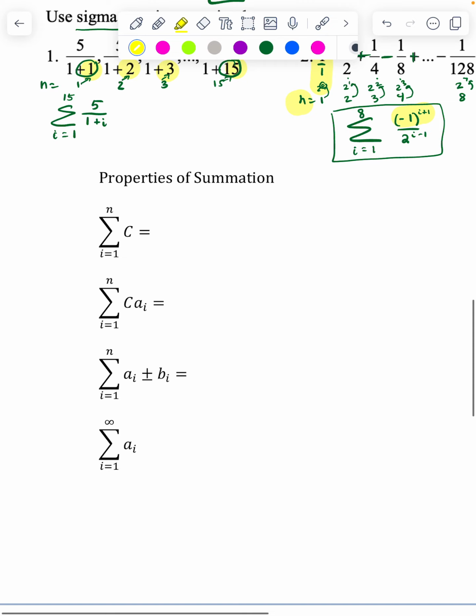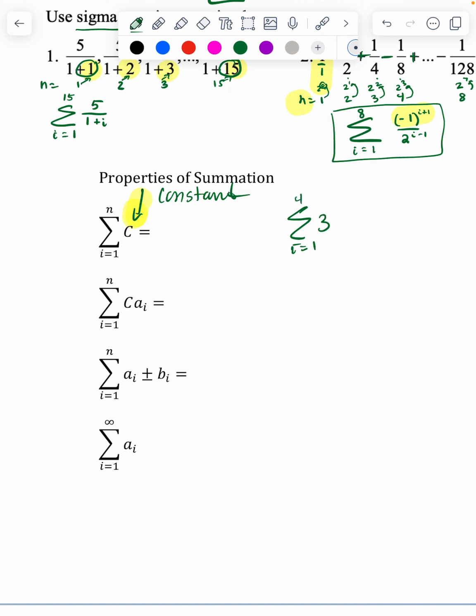Almost done. Here's just some properties of sums. This is just saying, if you start by plugging in a 1 and you stop at n, what will happen if you have c here? Now, c here means a constant, just a number. So what if I had i equals 1 to 4 of 3, which is just a constant?